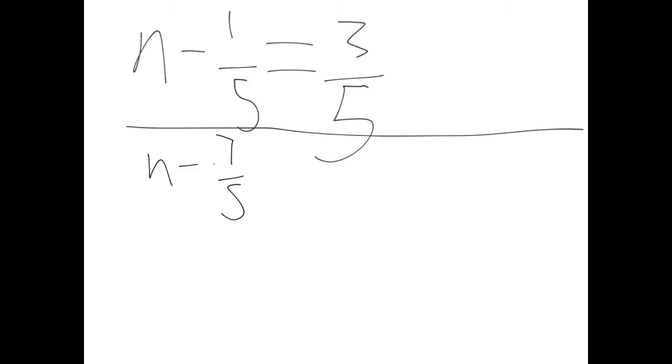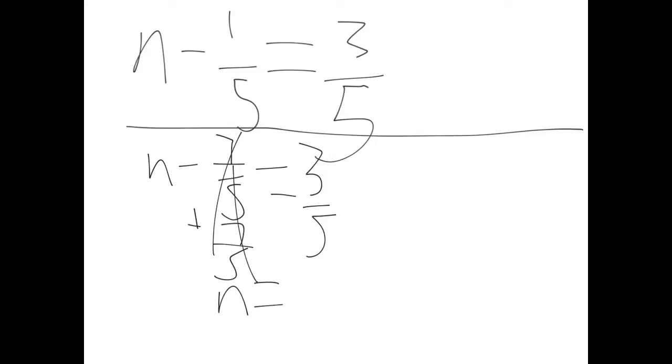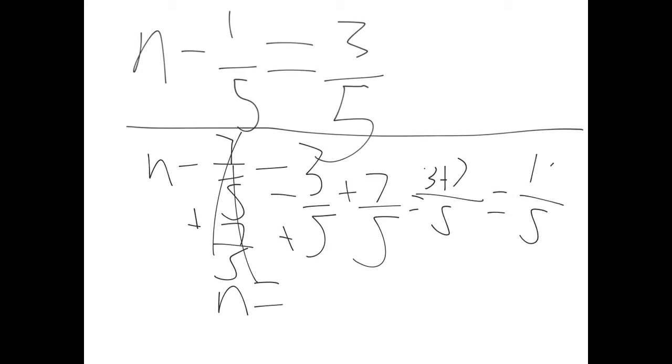As you can see, they are the same denominator, and the inverse of subtraction is addition, so you're going to do it to both sides, plus 7/5 to cancel that out, so n equals 3 plus 7 over 5, 5 is the denominator, and 10/5, and that converts to 2 because 5 times 2 equals 10.